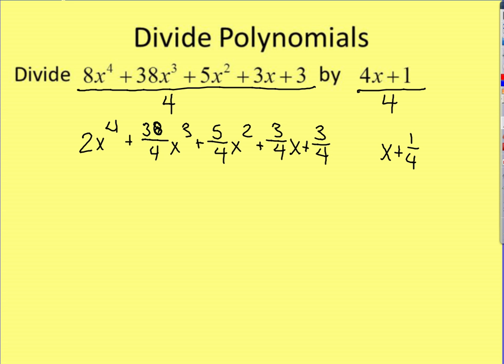Remember, to be able to do synthetic division, we want to get the x part by itself. So if we set this equal to 0 and then get the x by itself, we are going to be using negative 1/4 in our synthetic division.